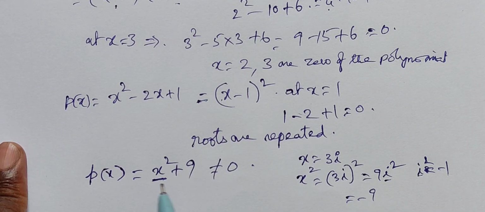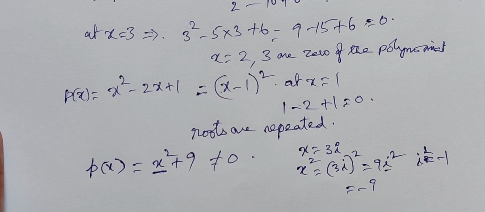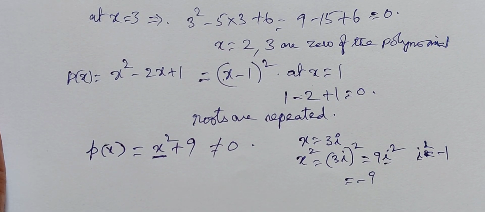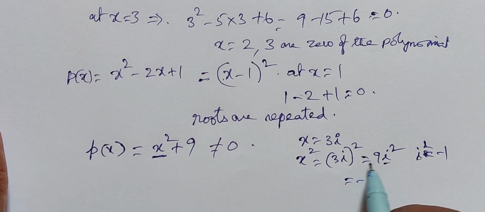So these are imaginary numbers, or otherwise they are called complex numbers. There we have a real part and an imaginary part. This is actually only an imaginary part.